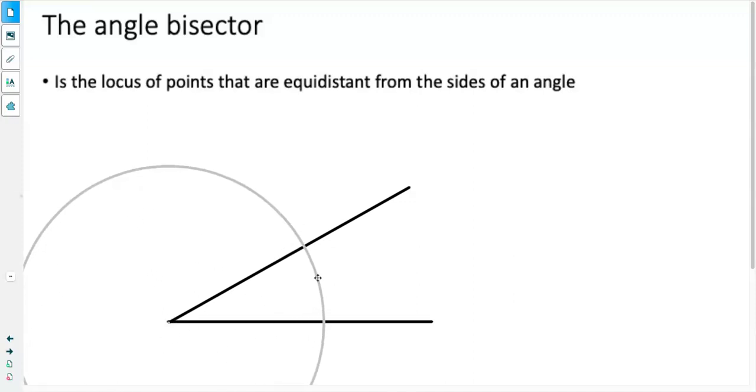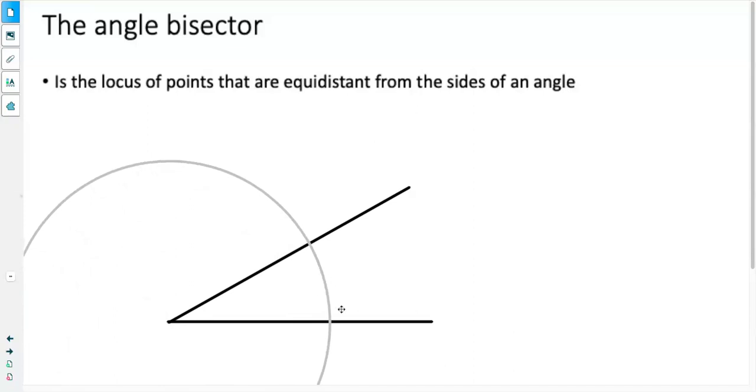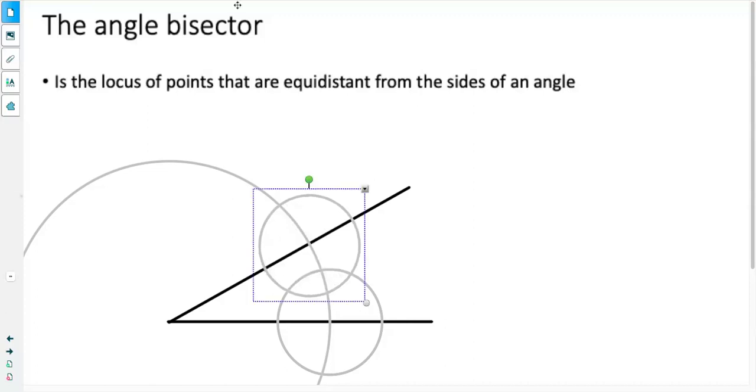You'll recall we start by drawing a circle centered at where our angle starts, and then where we intersect our lines, we'll draw two circles, both with the same radius. Now that we've done that, we'll draw our line from the center of our angle straight through those, and we have this angle perfectly bisected.